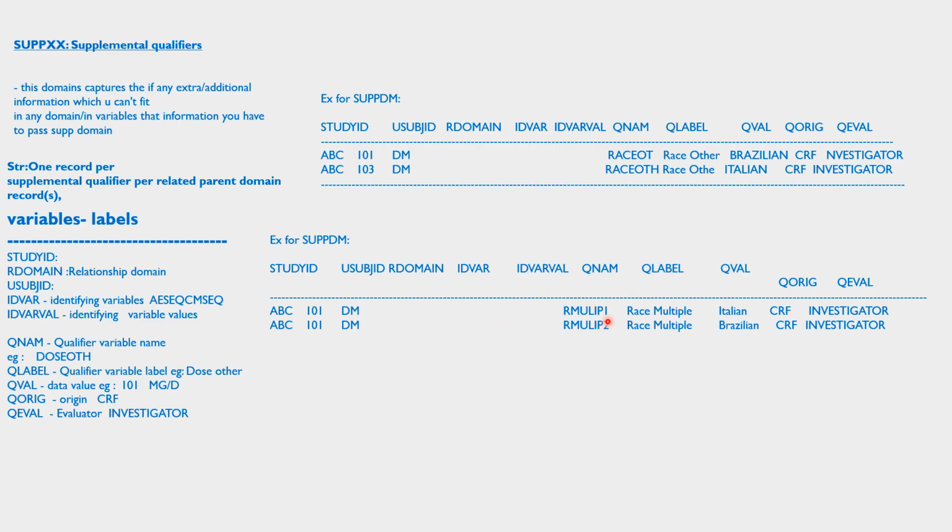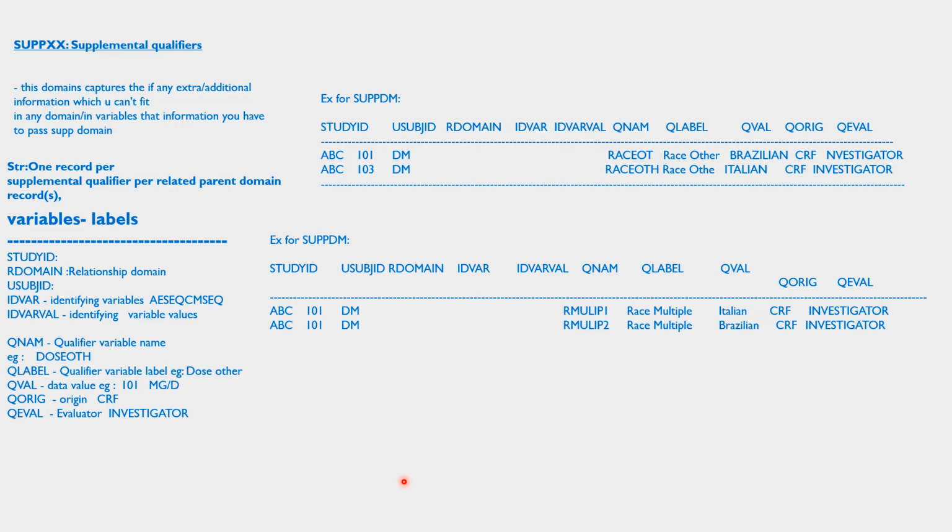For QNAM, we need to capture the two variable values. Both unique subject IDs will be the same. QNAM will be 2, the label will be 2 and the value will be 2. Then origin will be CRF and evaluation will be investigator.